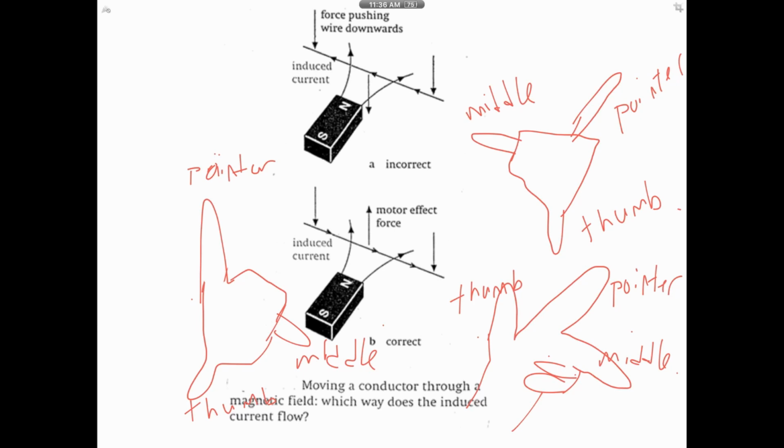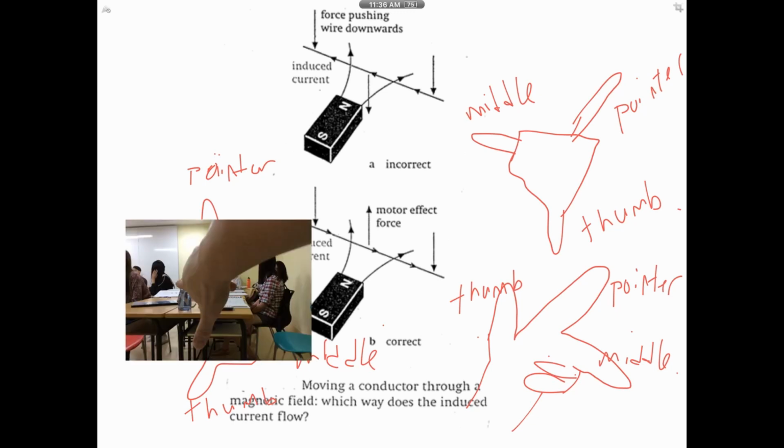Wait, I got an idea. You can use this alternative. Can you see the pointer finger here is this way? The current here is induced current, because the motion is downwards. So I repeat: this is the direction of the field, the pointer finger, going out.